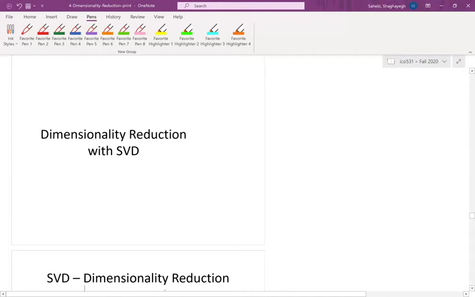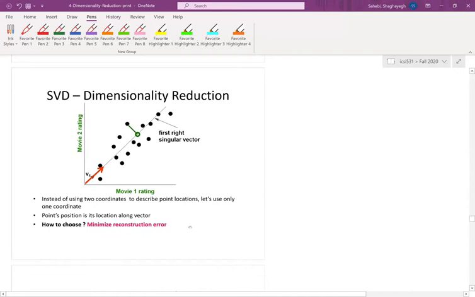But also the dimensionality reduction would summarize our data, so it will be easier to represent our data in a summarized way, and it will help us to find patterns in our data. So let's look at that perspective of SVD.